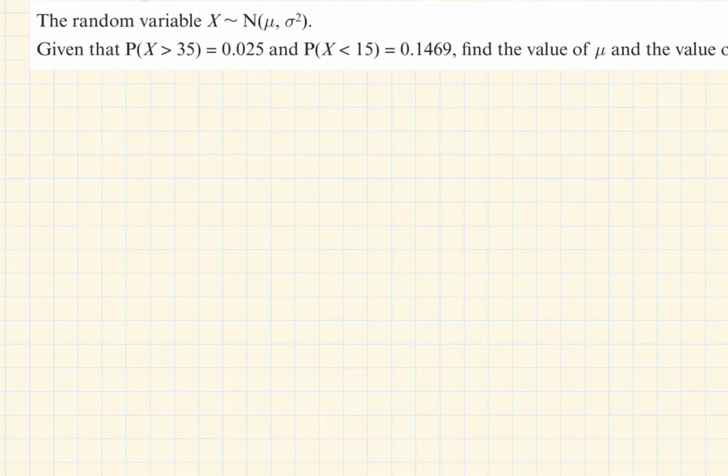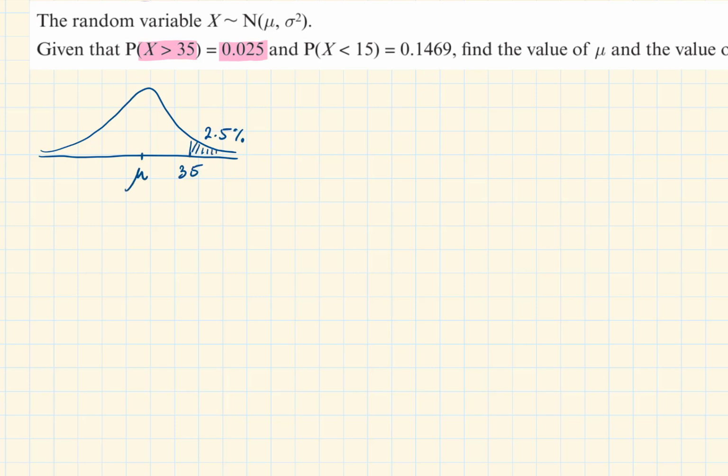Now we have a more complex question where both the mean and the standard deviation are unknown. We can start by drawing out a diagram with the normal distribution. The first situation is representing values of x that are larger than 35 represent 2.5%.